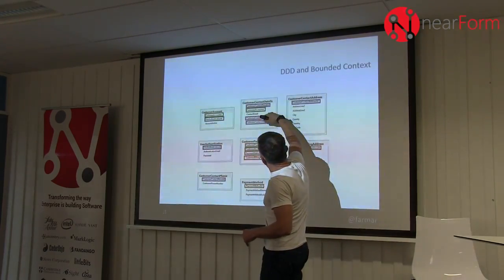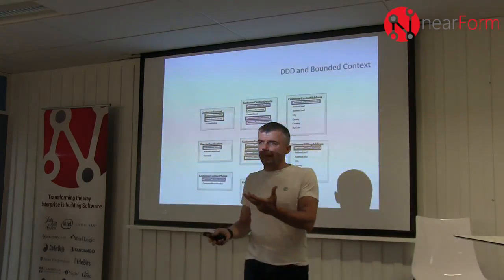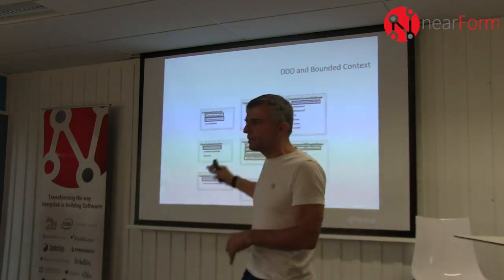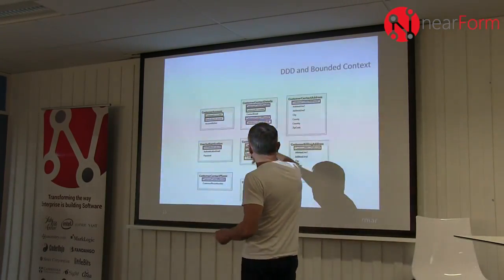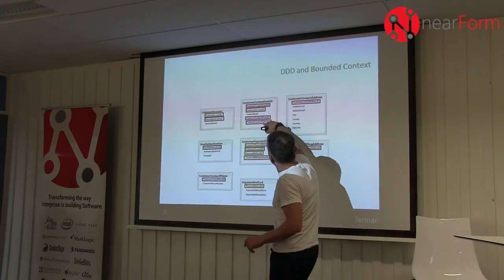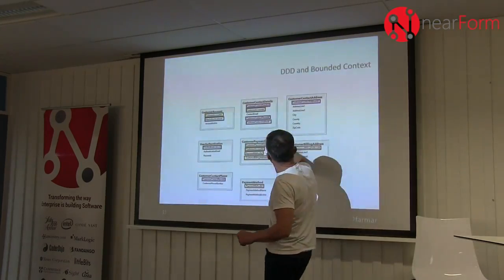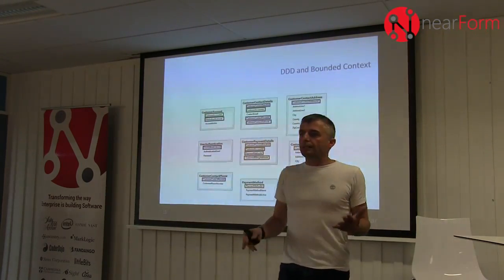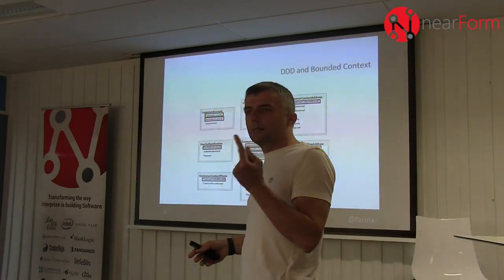I have loads of IDs here. I only have the email as actually a value type, but the rest are all references to other entities. I tried to color it, so all the purple stuff belongs together and all the green stuff belongs together, but there is only one owner of each color.